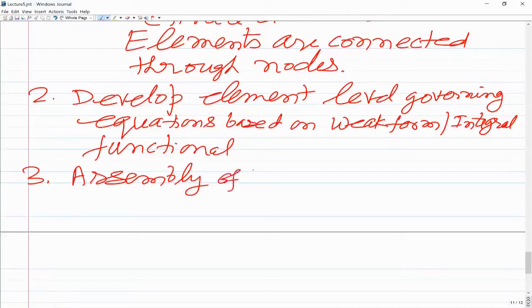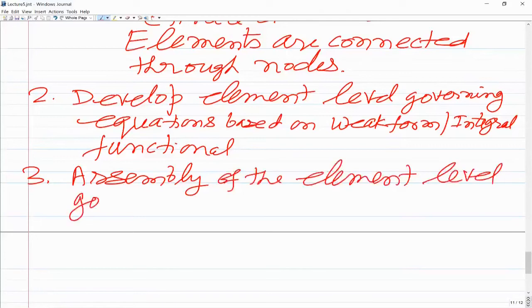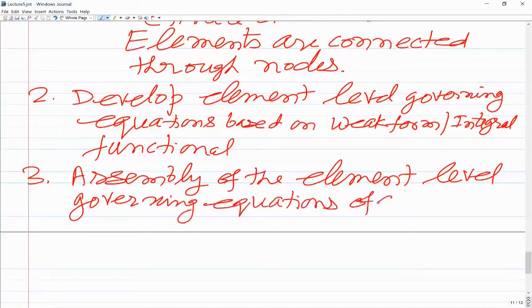The third step is assembly of the element level governing equations of all elements.